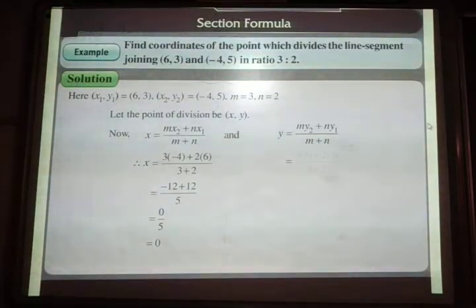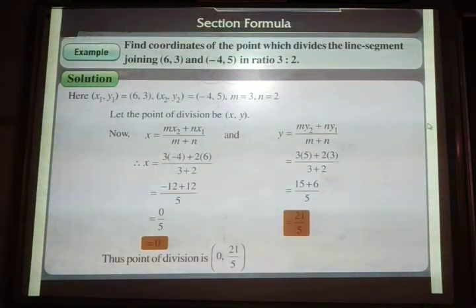It is equal to (3 into 5 plus 2 into 3) upon (3 plus 2). It is equal to (15 plus 6) upon 5, which is equal to 21 upon 5. Thus, the point of division is (0, 21 upon 5).